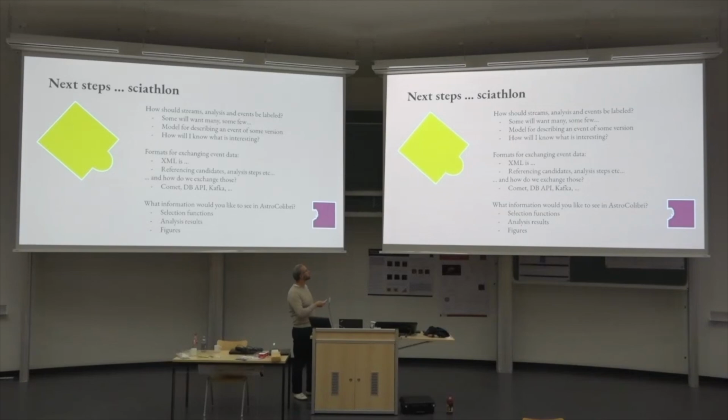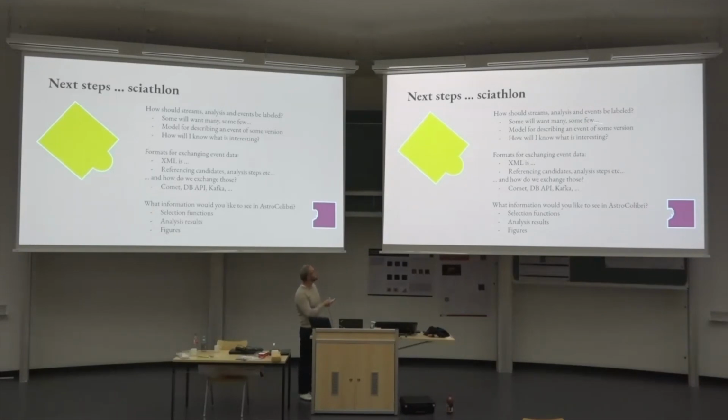So how do we keep track of all of these streams and the events that are in them, where the labeling scheme will obviously be different? And a hard part there, going back to some of the things that I think are missing in the VOEvent format right now, is how do we well describe what was done, so what pipeline operated on what data in order to get what output? That's currently not easy to summarize.